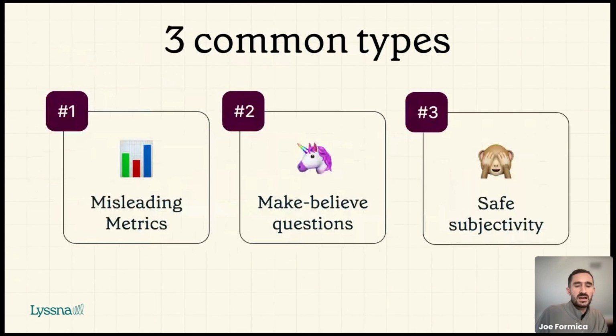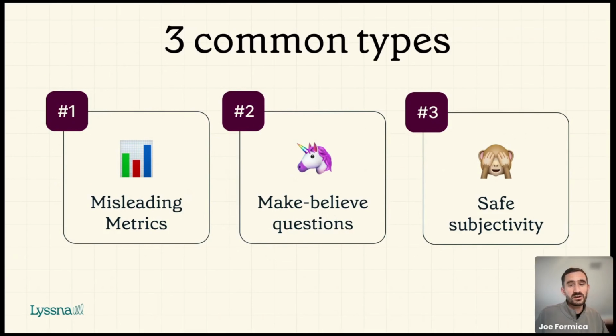Let's look at 3 common types of wishy-washy questions. These are the ones that I see all the time. I tried to group them by some common characteristics or themes. But between these 3 types, which we're going to go through in detail, these are the most common, and they have a huge influence on how actionable those results are.